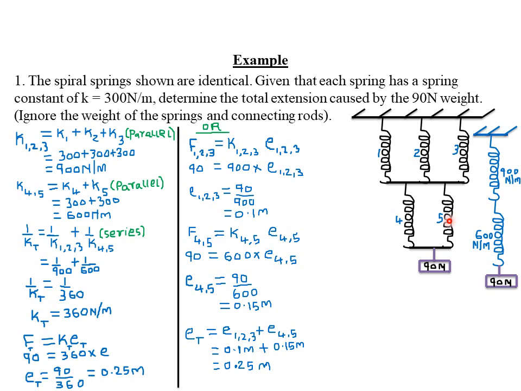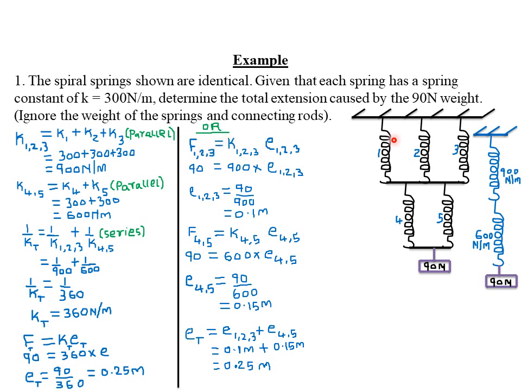Of course, we expect the answers to be exactly the same. So for us to find the extension for springs 1, 2 and 3 from Hooke's law, we need the force acting on springs 1, 2 and 3 and the extension due to springs 1, 2 and 3.